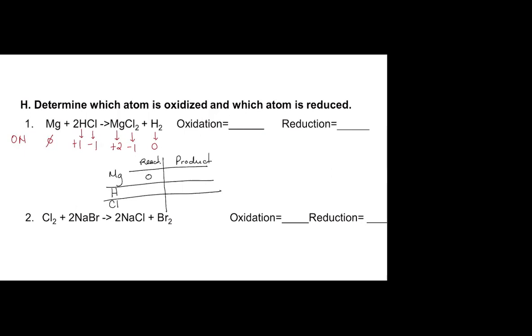So magnesium went from 0 to +2. Hydrogen went from +1 to 0. And chlorine went from -1 to -1.